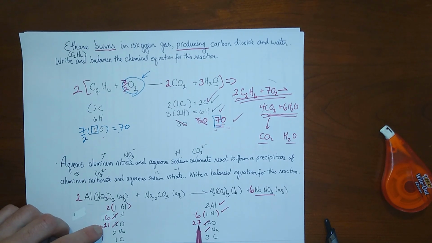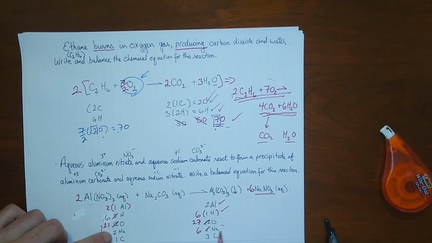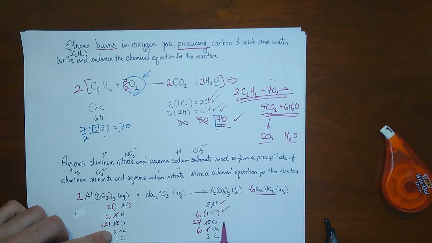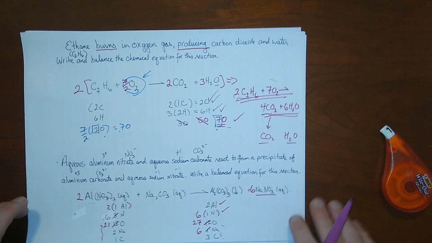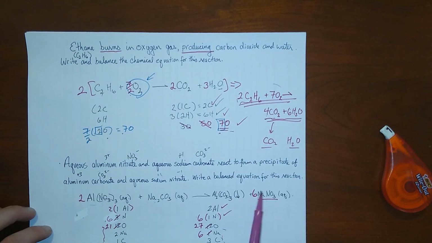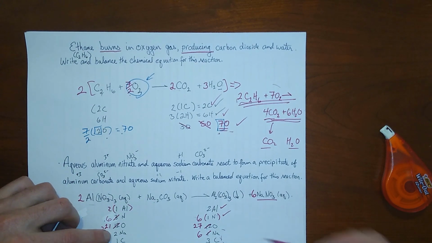I'm going to hope that the oxygen is going to take care of itself if I play with the sodium and the carbonate, and I'm kind of using my own knowledge a little bit here to cheat like this. I would recommend you try to do hydrogen and oxygen last in most cases, because those are the ones that are going to give you funny numbers, because they're in the most compounds, the more common elements.